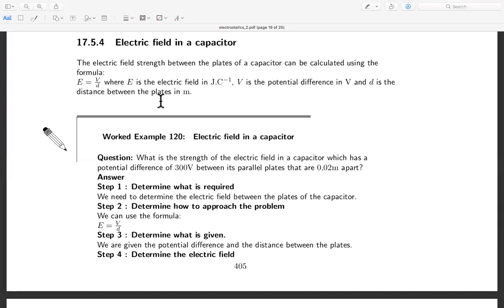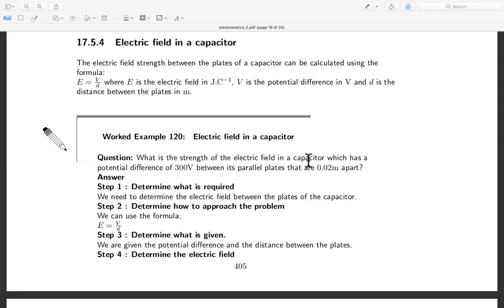Okay, we have an example question. What is the strength of the electric field in the capacitor which has a potential difference, voltage, of 300 volts between its plates that are 0.02 meter apart?